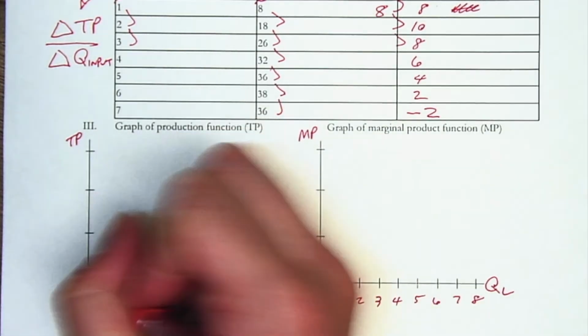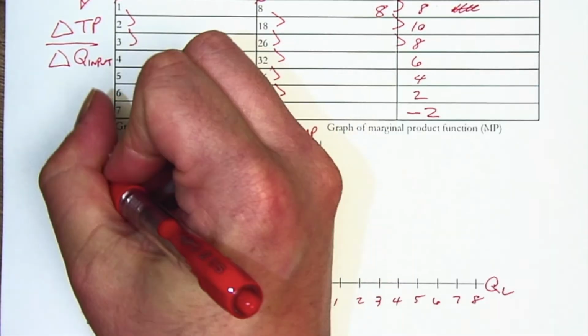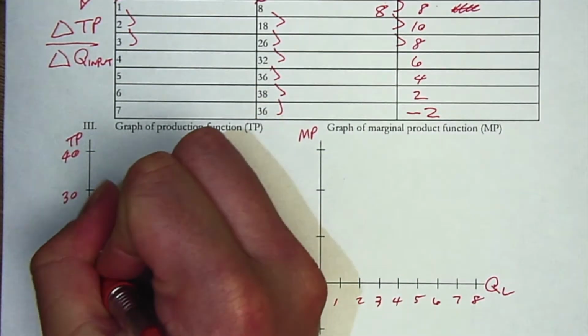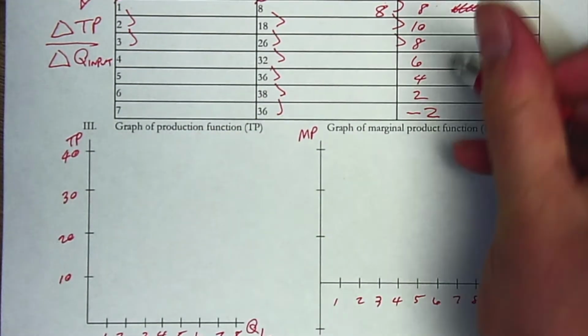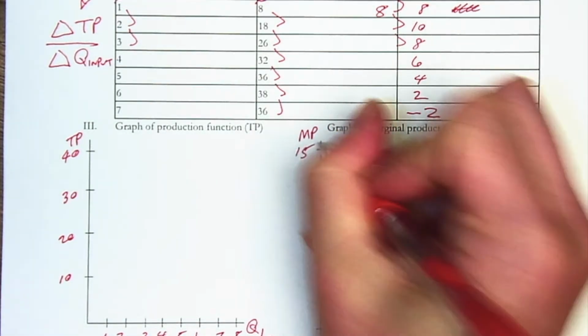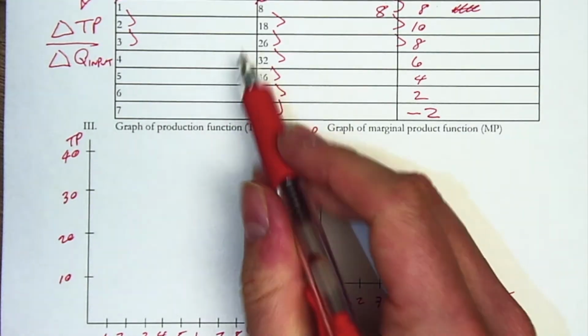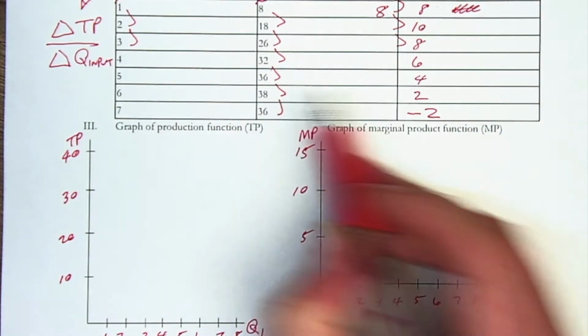So we're going to say, just to keep this simple here, 40, 30, 20, and 10. And we'll say this one is 15 and 10 and 5. And that's just kind of by eyeballing, our maximum value is probably 40 up here.